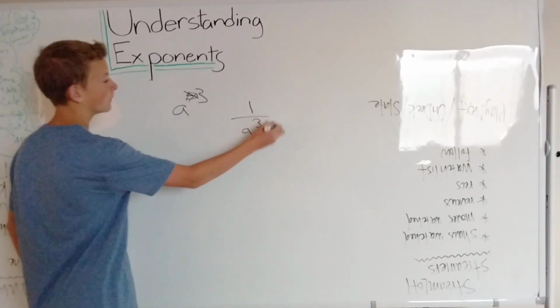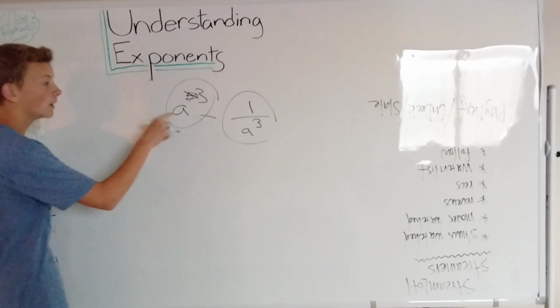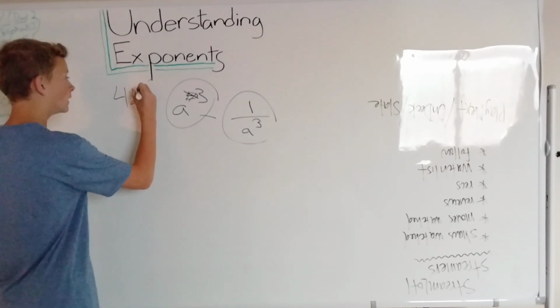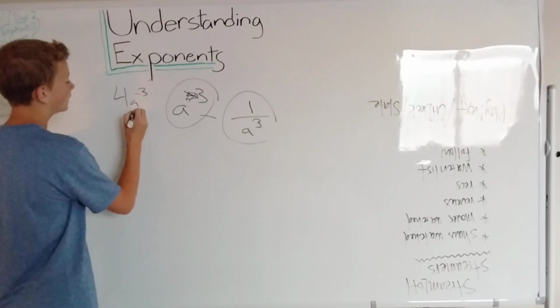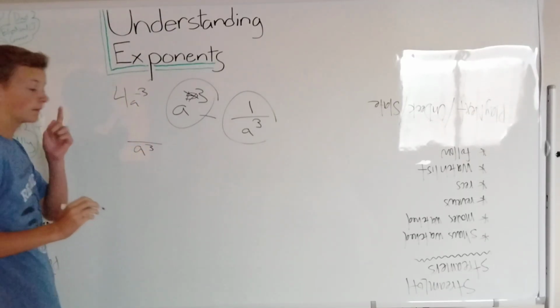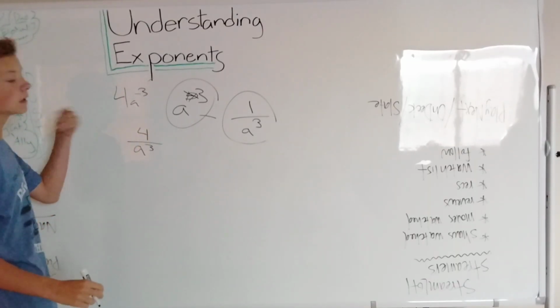This is a simple one, but if you have a number connected to this, the number doesn't matter. So if we have 4a to the negative 3, we do the same thing, a cubed, but instead of a 1, we put a 4, because the 4 doesn't get switched.